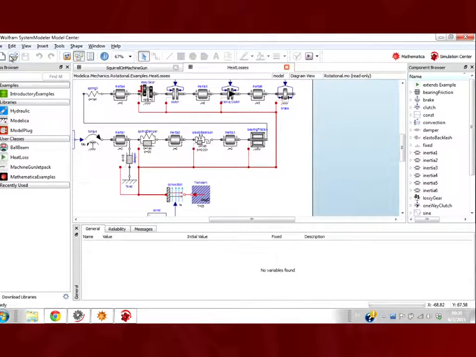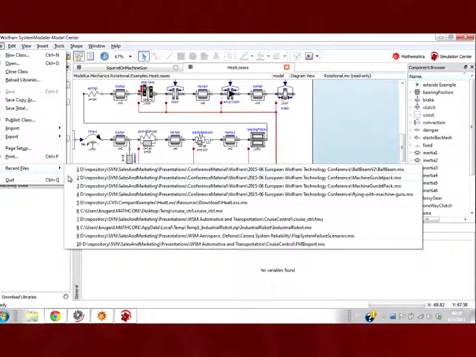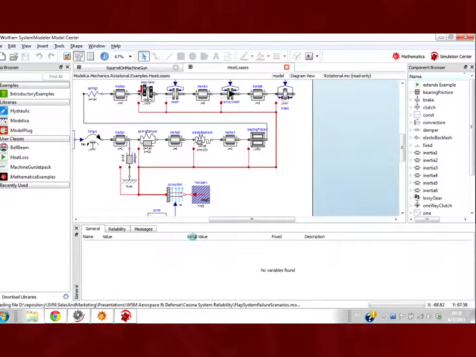So let's open a model with that. Cruise control, there.